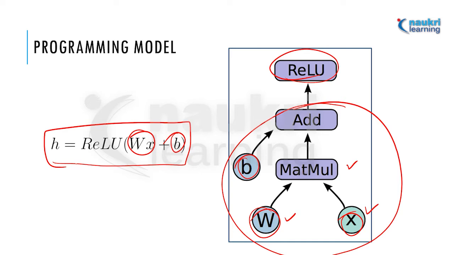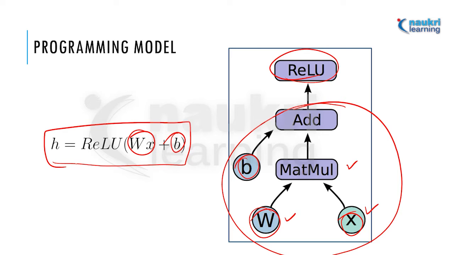Here I have just split the overall operation into multiple substeps, guys, because when you do these kinds of operations in TensorFlow, this is how TensorFlow is going to remember each and every operation that you do.